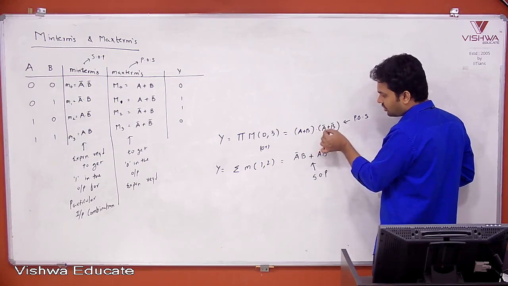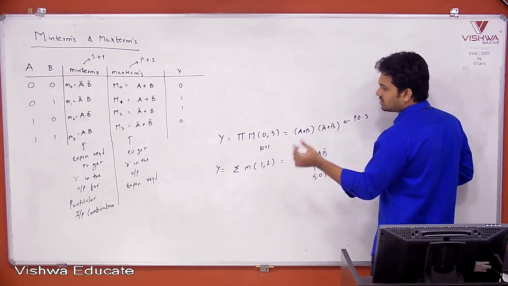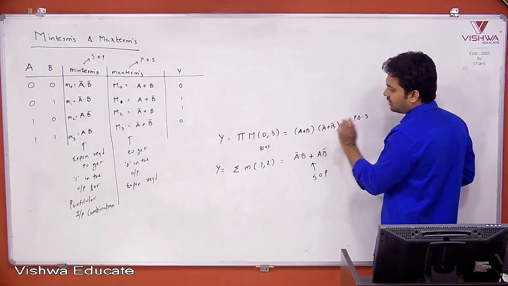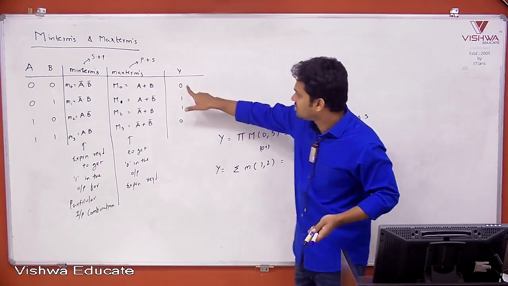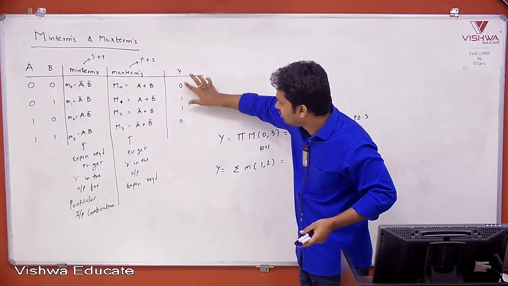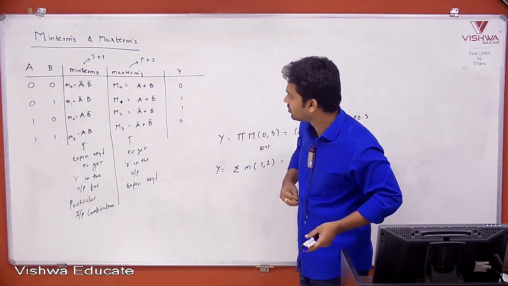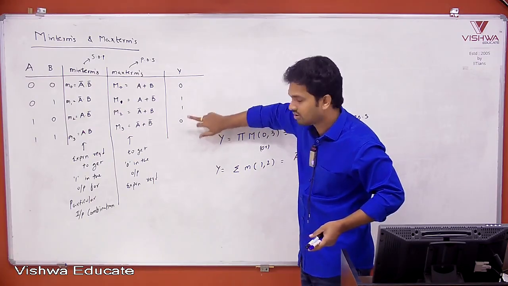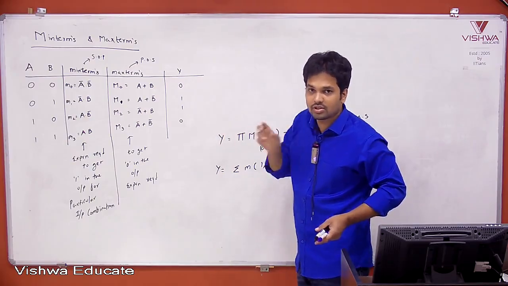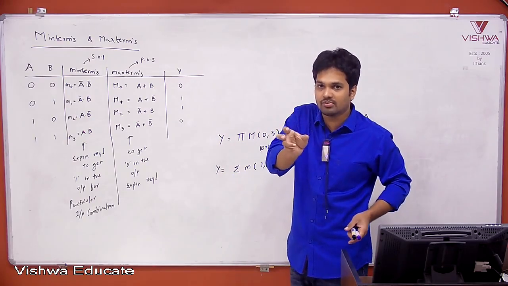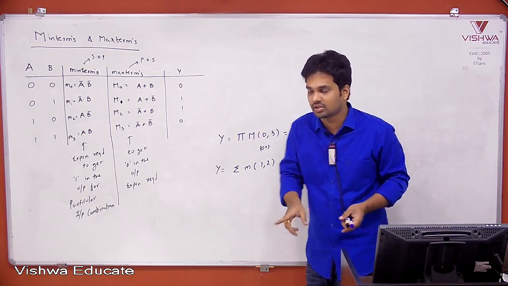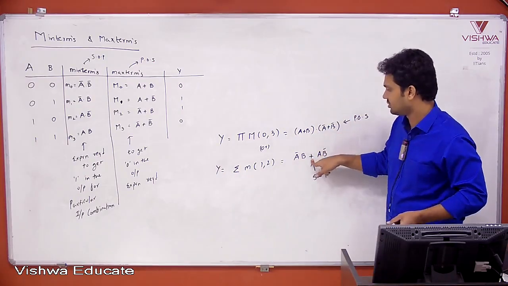So if any one of them is 0, my output is 0. That's why we have taken the AND operation. If this is 0 or this is 0, any one of them is 0, my output should be 0. So AND: any one of them 0, output is 0. Any one of them 1, output is 1 means OR operation. That's why here product, here sum.